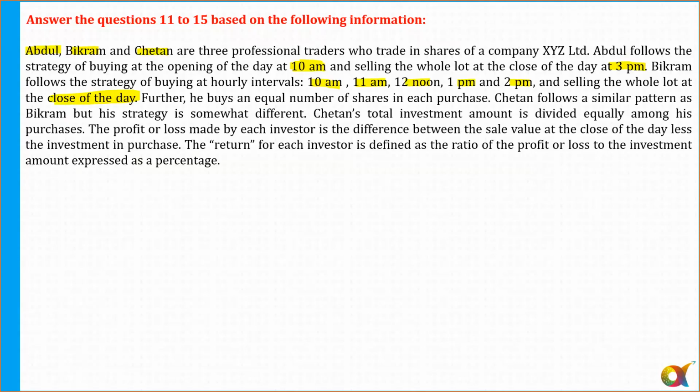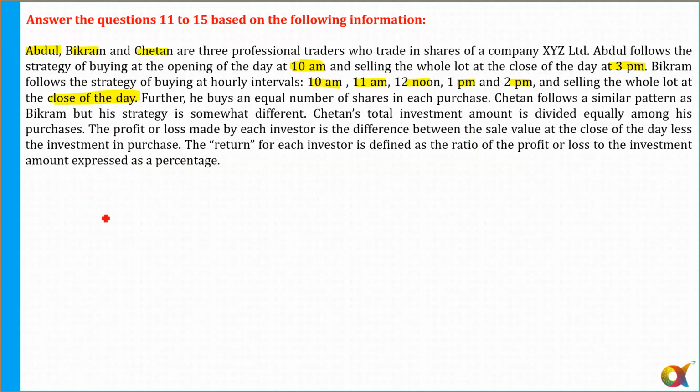The profit or loss made by each investor is the difference between the sales value at the close and the investment. So now here, profit and loss is given and the return for each investor is also defined as the ratio of the profit or loss to the investment amount expressed as a percentage. So now let's see here.